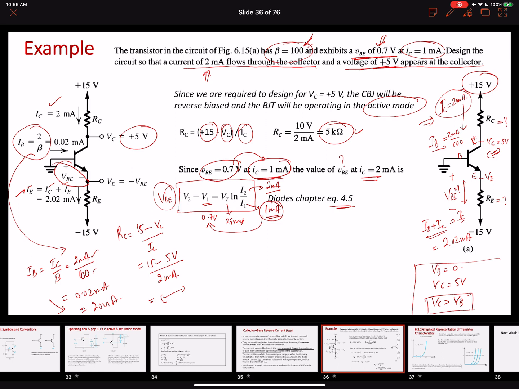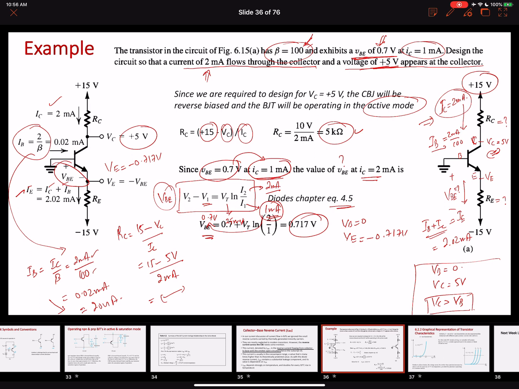If you solve this equation, the value of VBE that we get is 0.717 volts. Since we know that our base voltage is 0, our emitter voltage will be minus 0.717 volts. So the voltage that will appear over here, VE, will be equal to minus 0.717 volts.